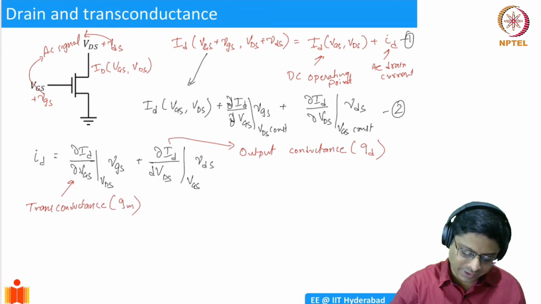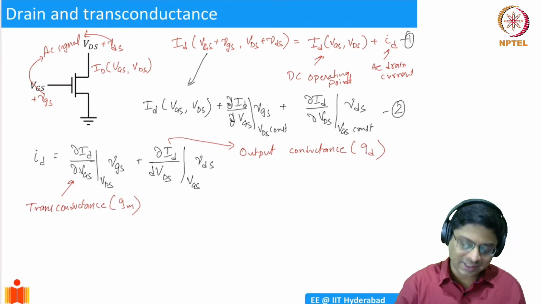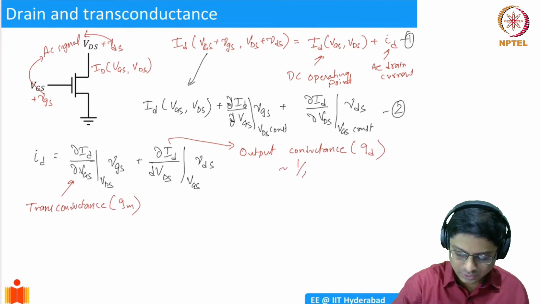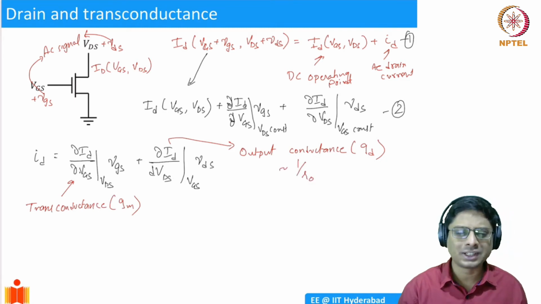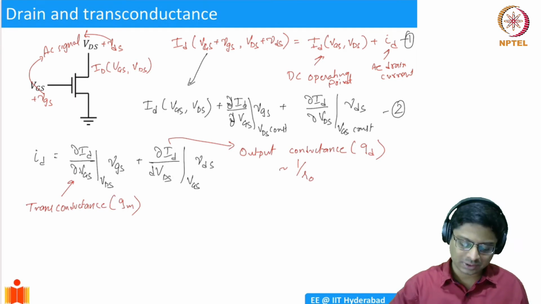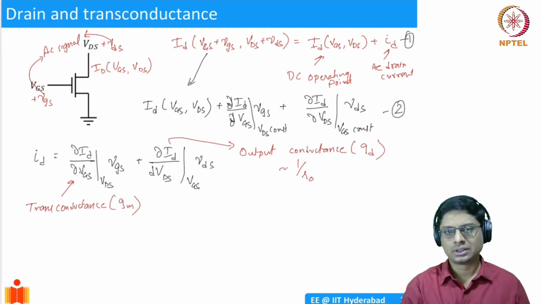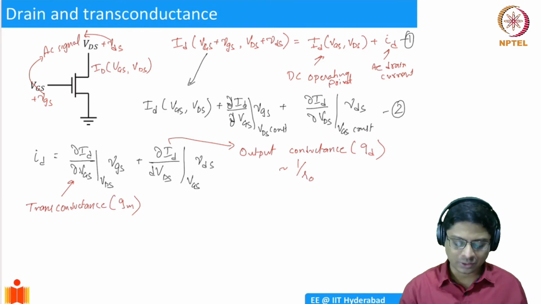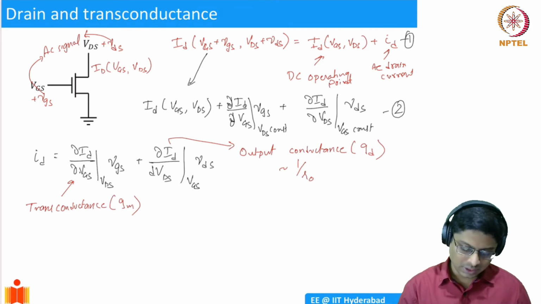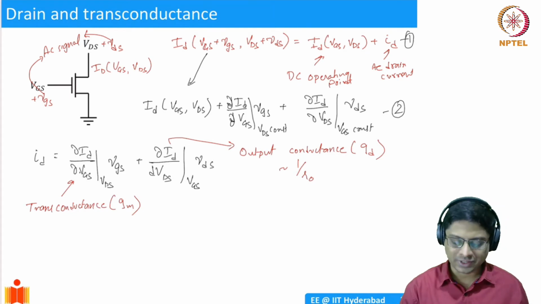This is a derivative of ID with respect to VDS, so this is exactly the inverse of the output resistance. So this is 1 over output resistance. It's going to be very small, negligible in many cases. But we could calculate it, depending on the slope of the IV characteristics, to find how much the output conductance is. In small channel devices, it's going to be some finite number.